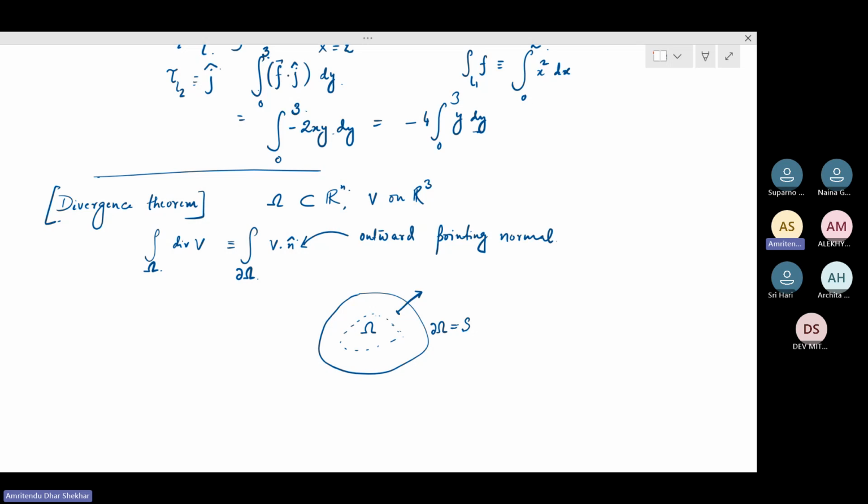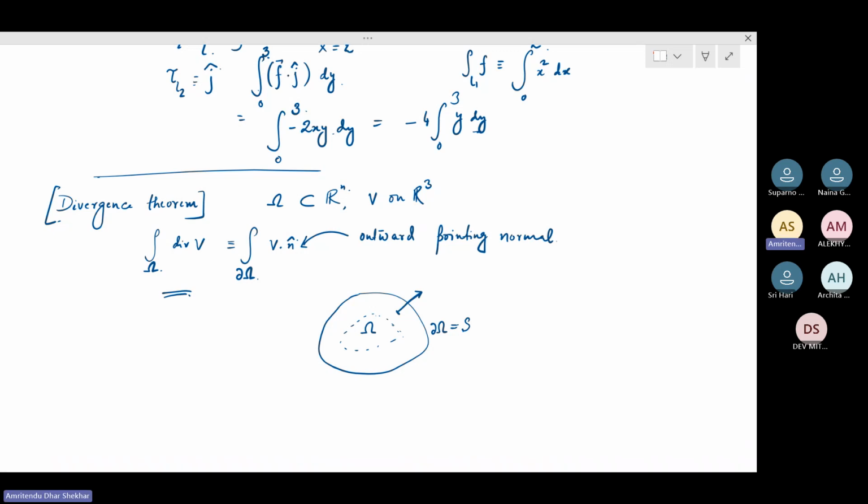There are of course some technicalities over here, but you don't have to worry. For the purpose of this course, it is sufficient that you will get nice looking domains only to work with. So I hope you got the statement of the theorem.